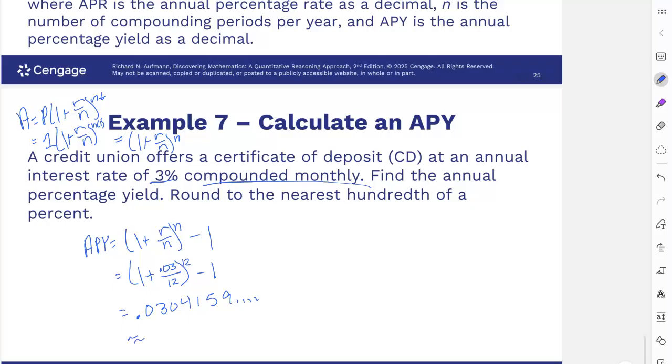So it's about 3.04%. So I can move that decimal 2 places to the right to get that annual effective yield. So it would take a simple interest amount of 3.04% to give the same amount as 3% compounded monthly for that year.